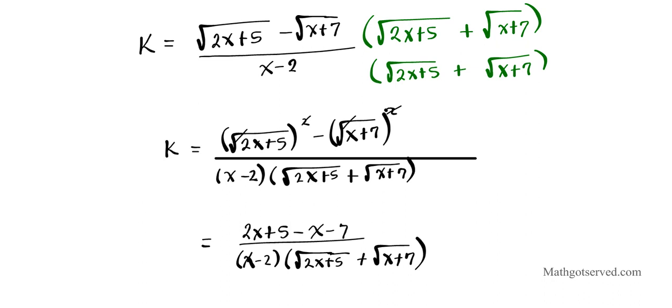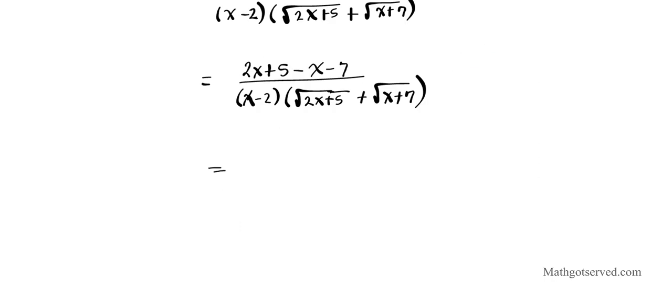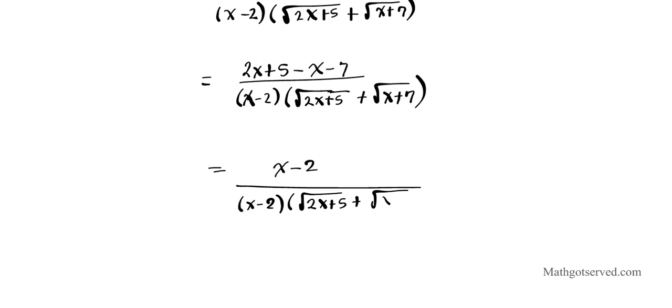Simplifying the top, you can clearly see that it's going to become x minus 2. 2x minus x is x. Positive 5 minus 7 is negative 2. You have x minus 2 in the numerator over x minus 2 times the square root of 2x plus 5 plus the square root of x plus 7.